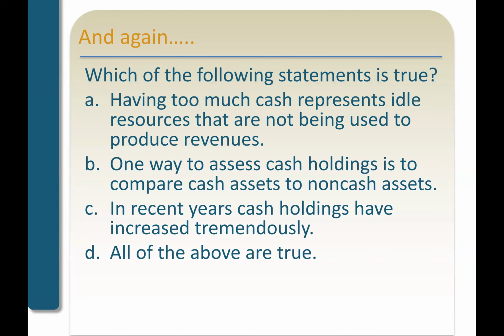Having too much cash can represent idle resources. That is true, guys. One way to assess cash holdings is to compare cash assets to non-cash assets, which is true too. And in recent years, cash holdings have increased tremendously. Basically, guys, all of these are true.